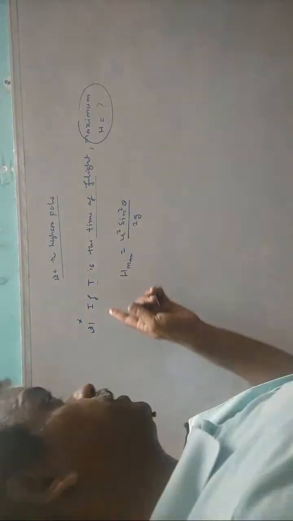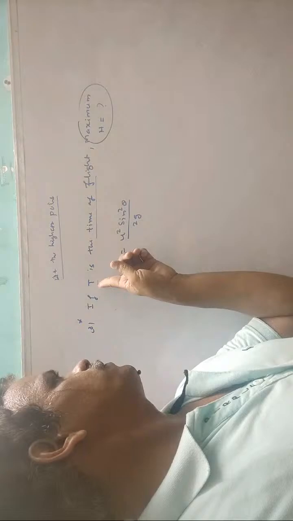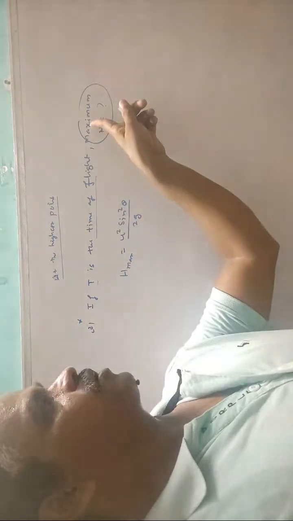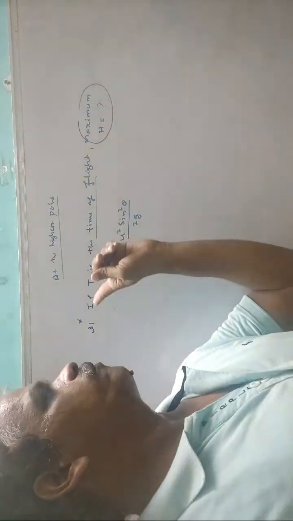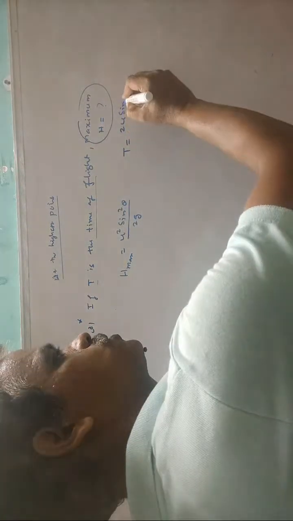So what is the question we have here? If capital T is the time of flight, what about maximum height in terms of time of flight? That is the question. So we have capital T equal to 2u sin theta by g.